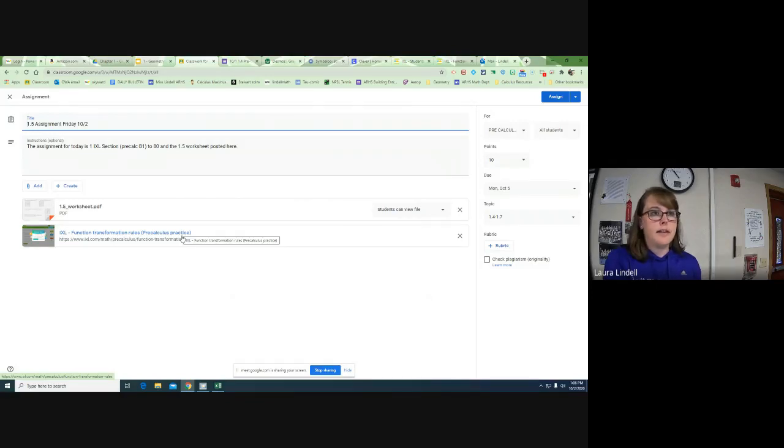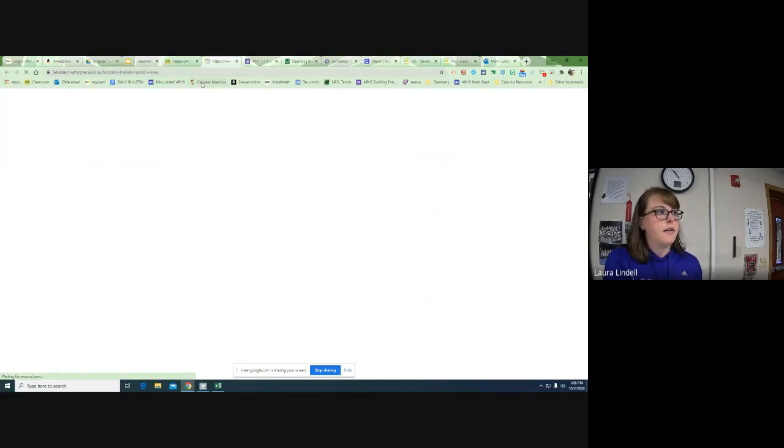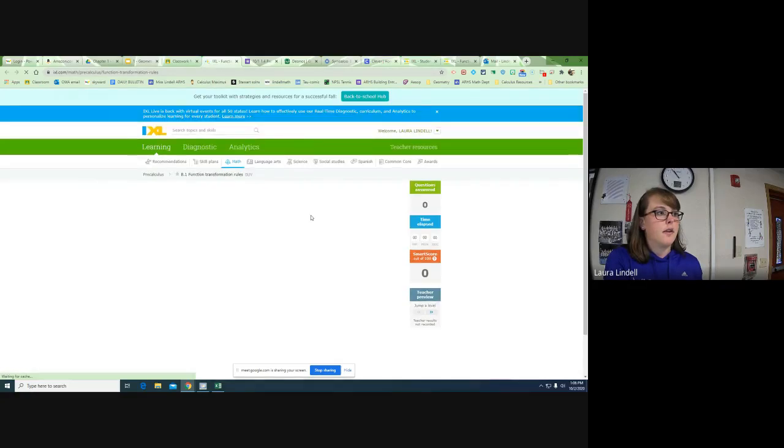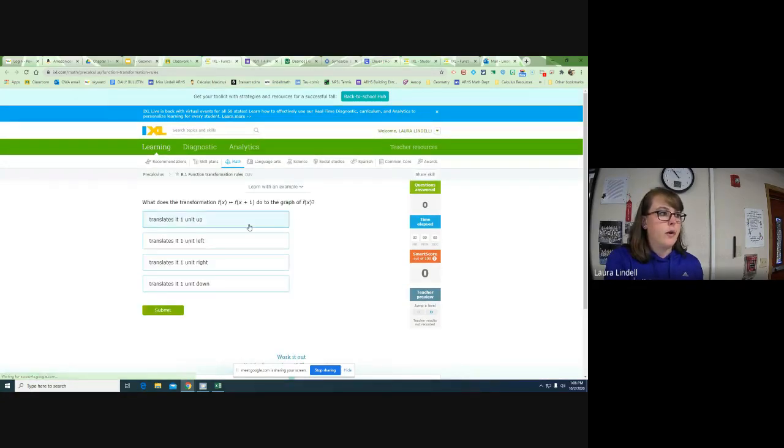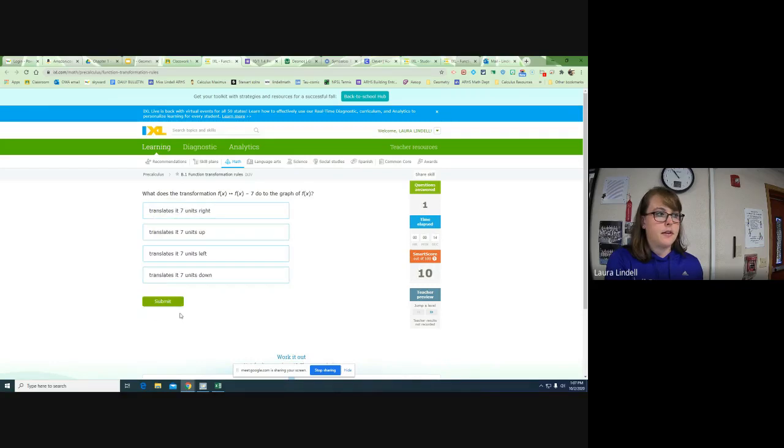So that's going to be like the examples that we just did, where we see things like this, and we're asked, what is happening? Is it going up, down, left, right? What's going on? So we would say, oh, since it's +1 inside with the x, that's moving it 1 to the left. With this one, since the -7 is on the outside, we say, oh, it's moving it down.